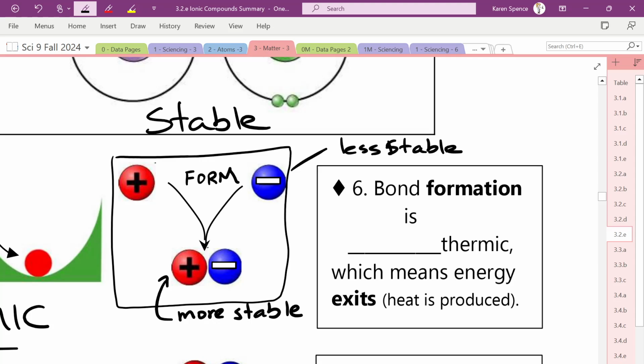Is that going to be spontaneous or non-spontaneous? Spontaneous. Is that going to release energy or does it need energy to go in? That's going to release energy. So energy will be exiting, so we call that what thermic? Exothermic.